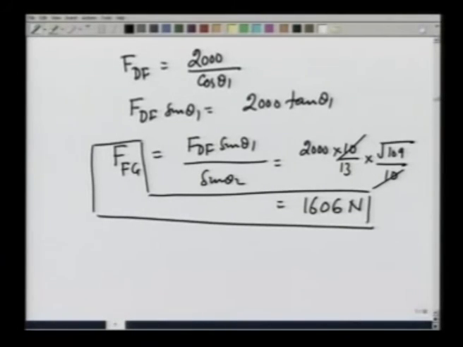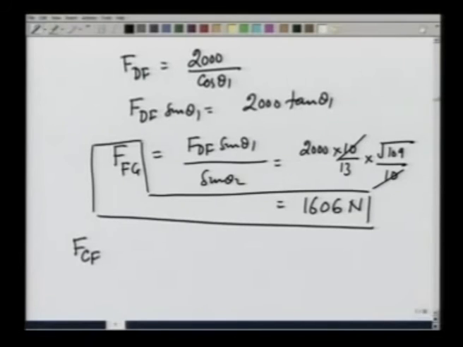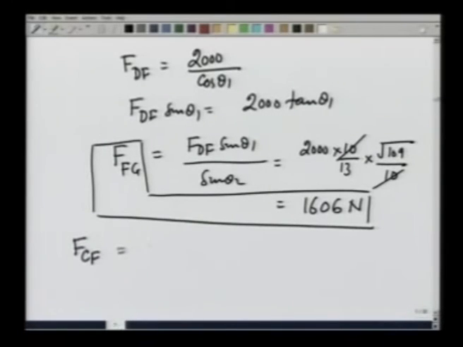Having found F_FG, we can now calculate F_CF also, because F_CF then is going to be from the previous equation. If you look at this equation, it is F_DF cosine theta 1 with a minus sign plus F_FG cosine of theta 2.